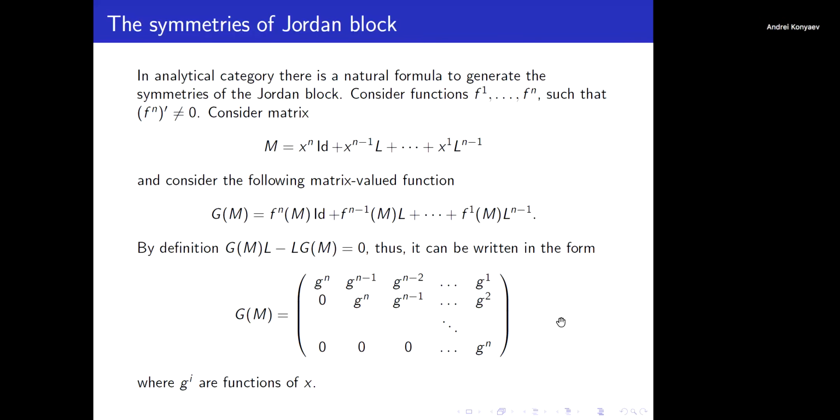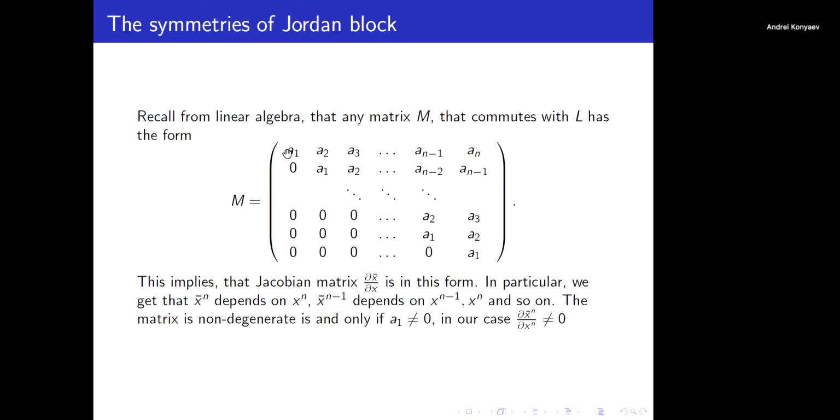It means that we can generate a sufficiently large collection of functions. How do we do that? We take M and write it like this. See, L is this function, right?